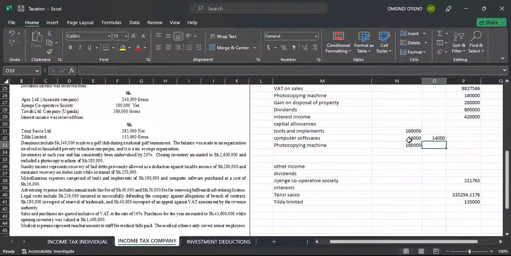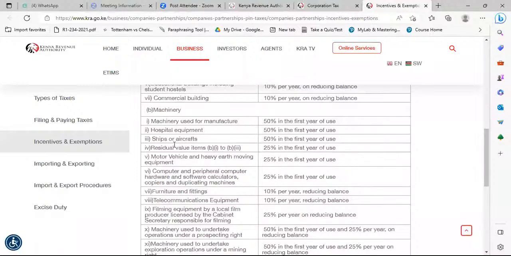Then photocopying machine. Photocopying machine, what are you going to do with it? Let's check the rate. We are being told here that we have computers and peripheral, computer hardware and software, calculators, copiers and duplicating machines.